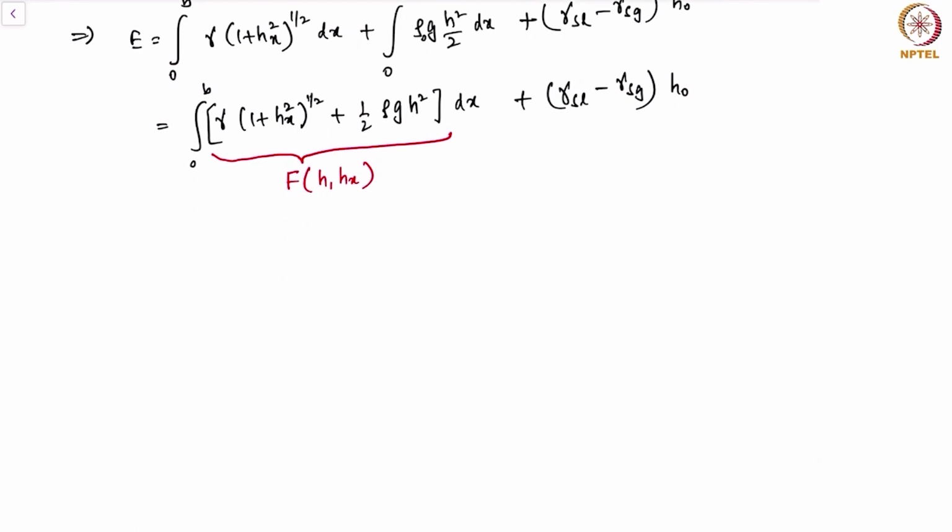Now this quantity is special because the energy E depends on the shape of the meniscus.